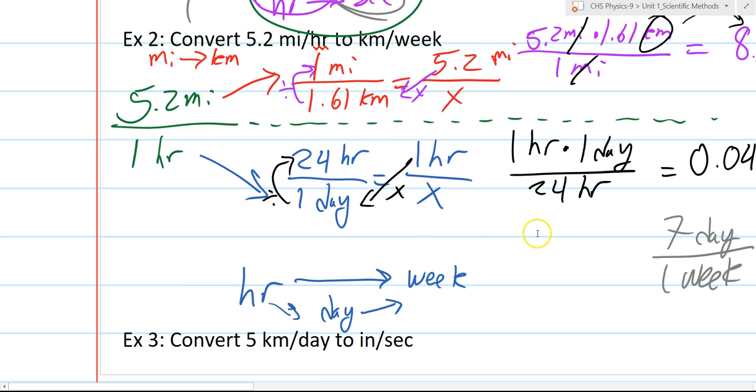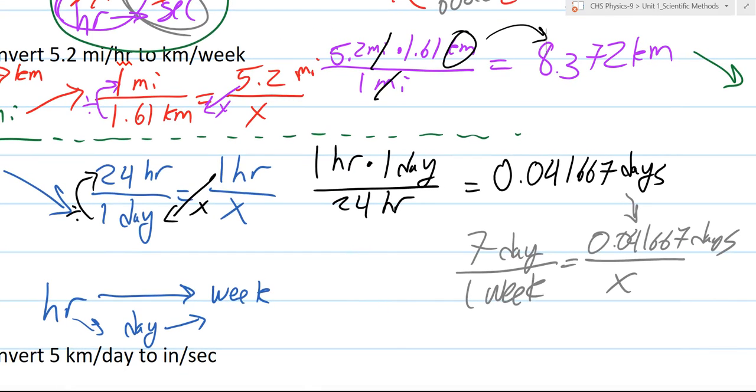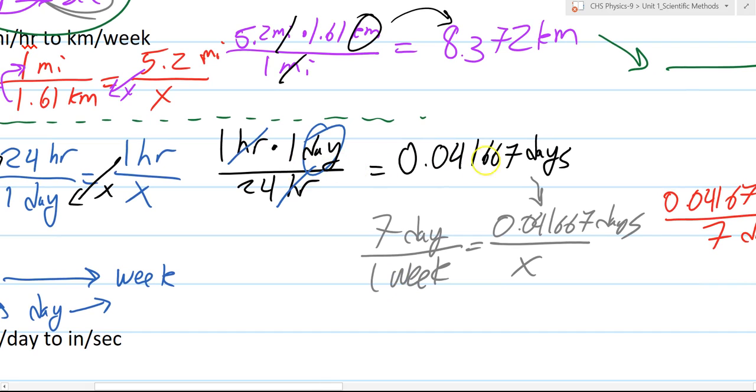I do my cross multiply. I get this over here, hours go away, I'm left with days, and I get this, but I'm in days, right? I need to get to weeks. So then I do another problem, and I have my 7 days in 1 week. I put this down for my answer.